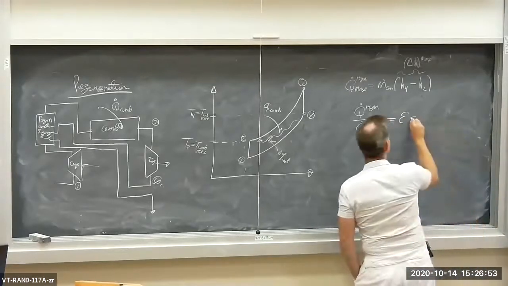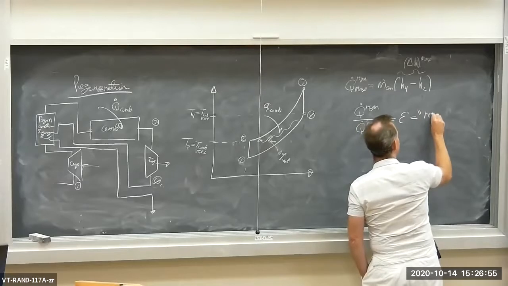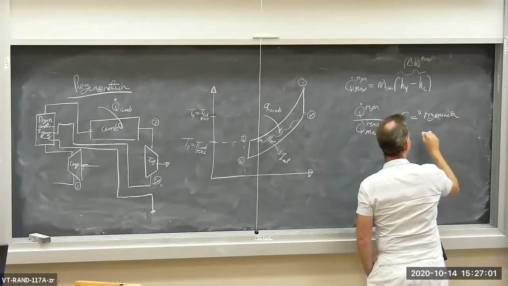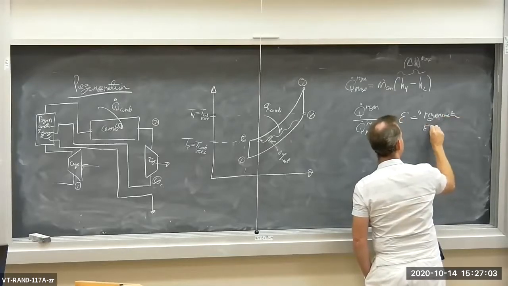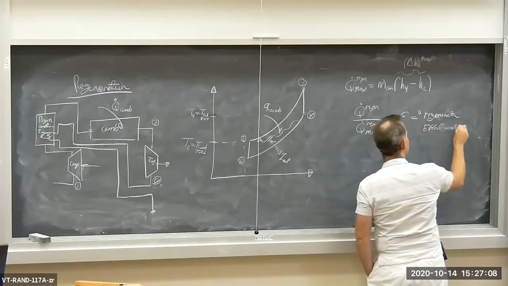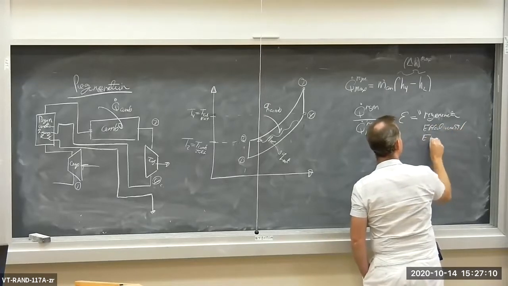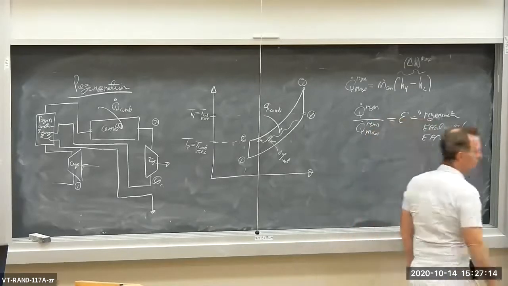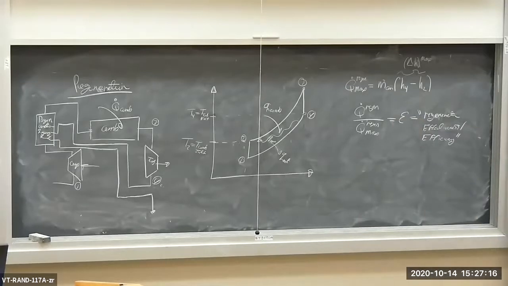Okay? This is called the regenerator effectiveness, or, if you like, efficiency. Usually a well-designed heat exchanger, a counterflow heat exchanger, maybe you can get an effectiveness of about 80%.